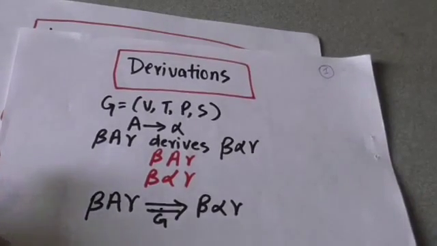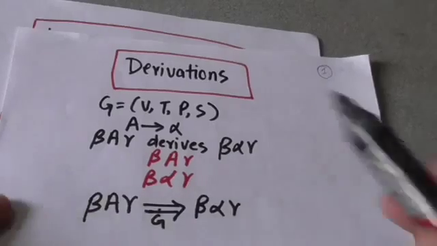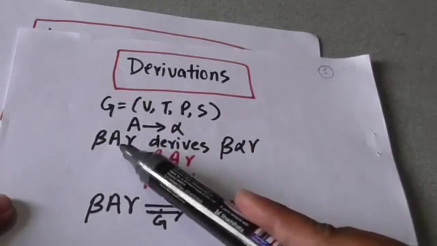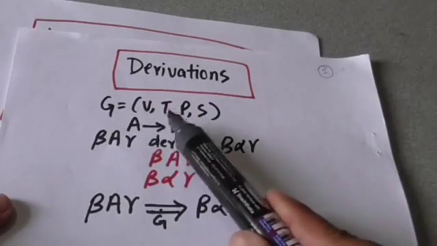Now suppose beta and gamma are the strings of variables and terminals. Then there is a string beta A gamma. Here we have replaced A by alpha.